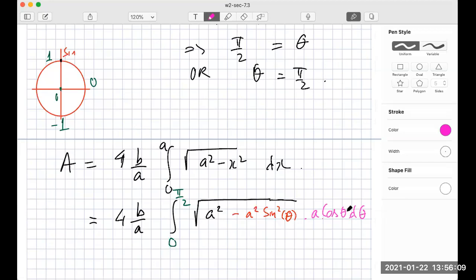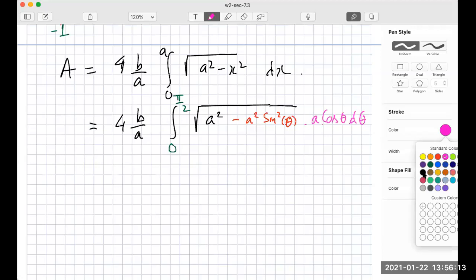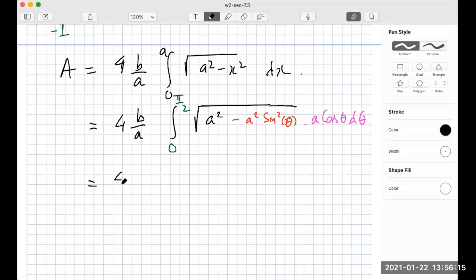Okay, this is simply a substitution, right? Therefore, we keep computing it. The number, we just rewrite it. This is integral from 0 to pi over 2. This guy is, what should we do? Yeah, we simplify it.